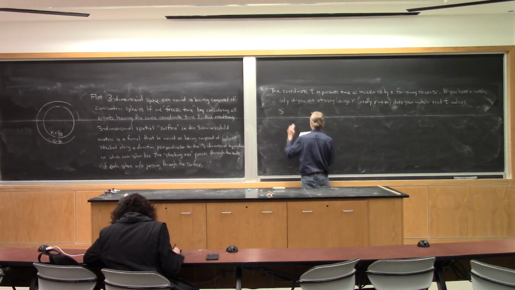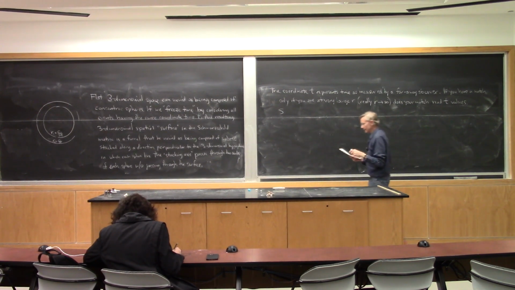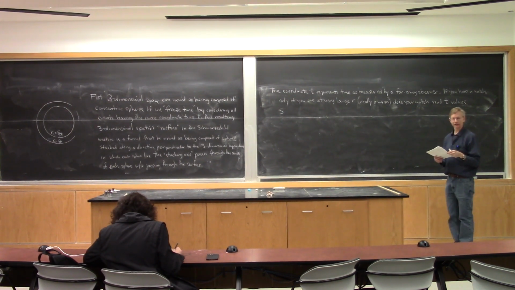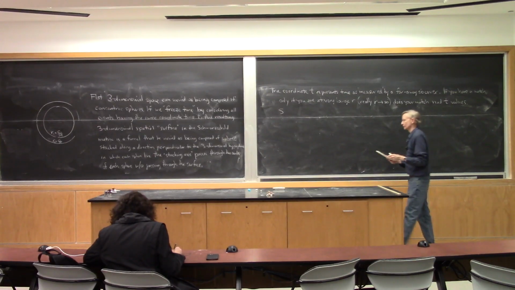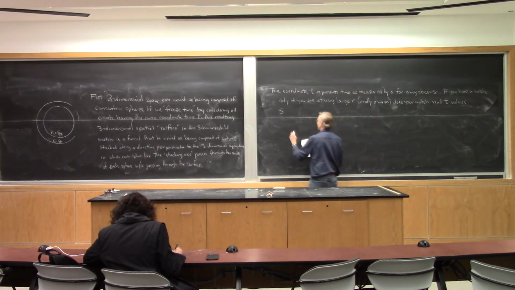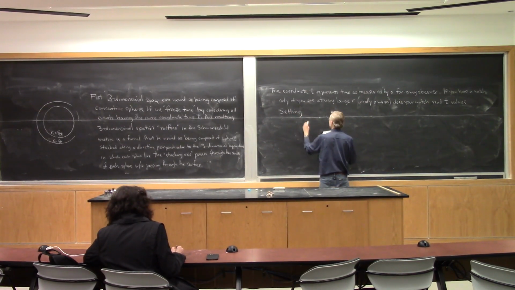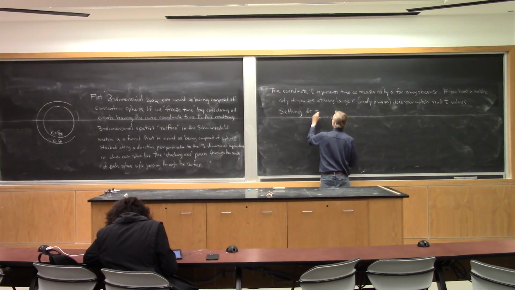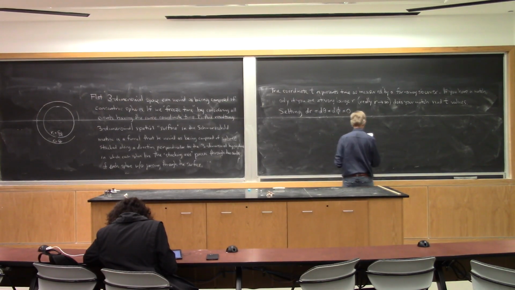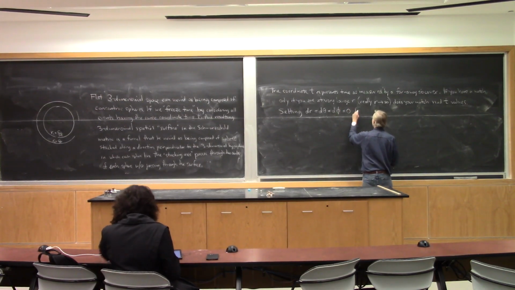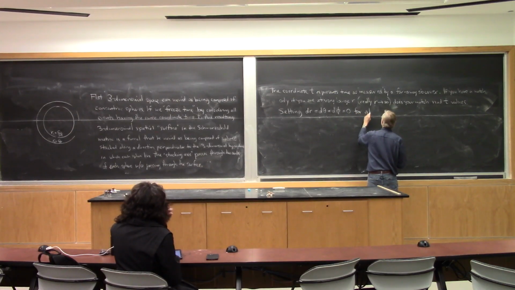So, engaging in our favorite recreation as connoisseurs of the Schwarzschild metric, let's set lots of coordinate differentials to 0 except the one we're interested in, setting dr equals d theta equals d phi equals 0 for a clock at rest in Schwarzschild coordinates.